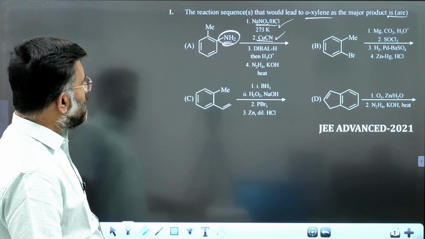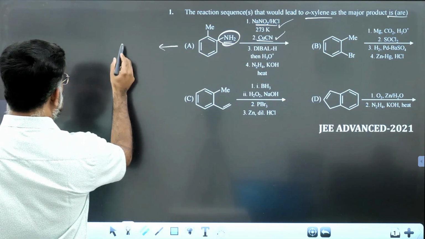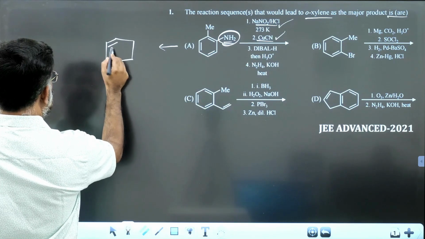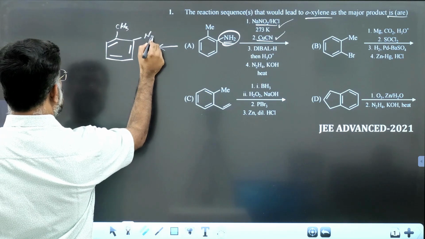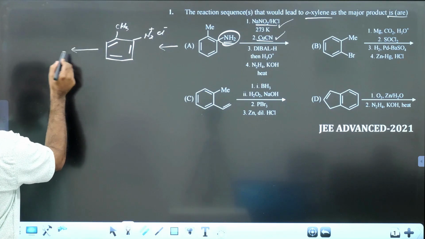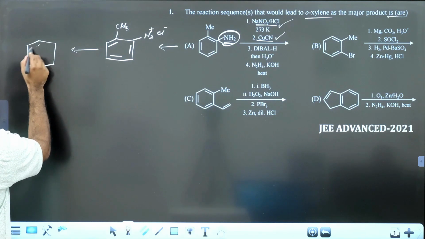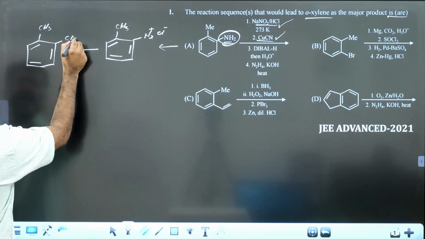After reaction 2, that is Sandmeyer's reaction, it will turn like this, methyl group here and CN here.